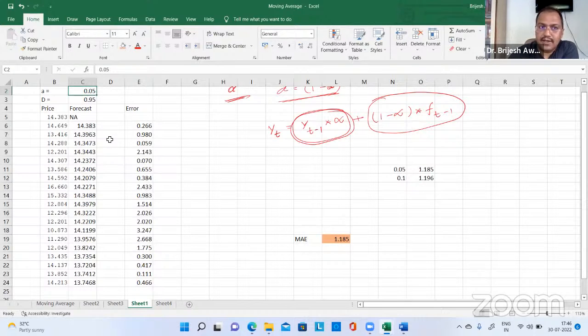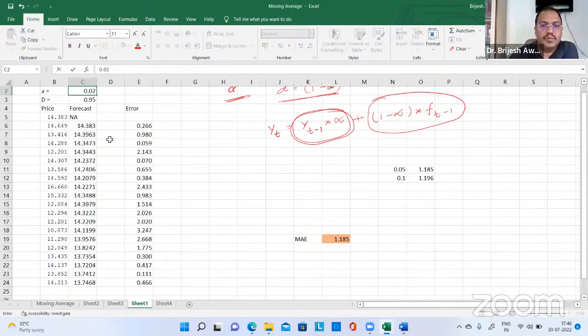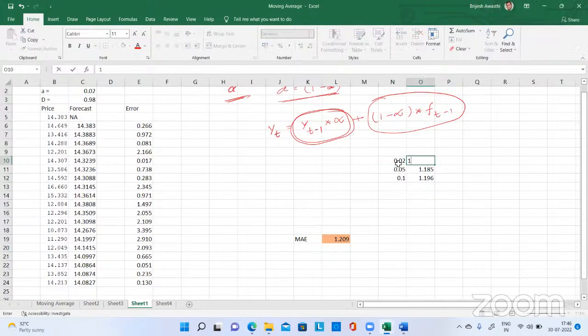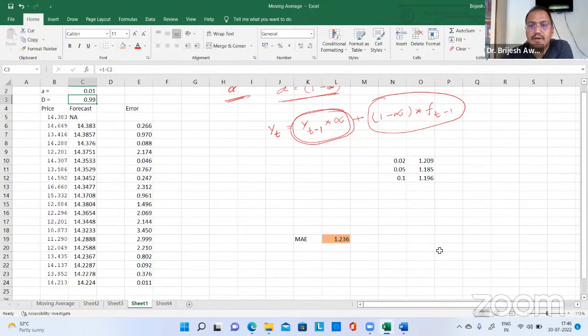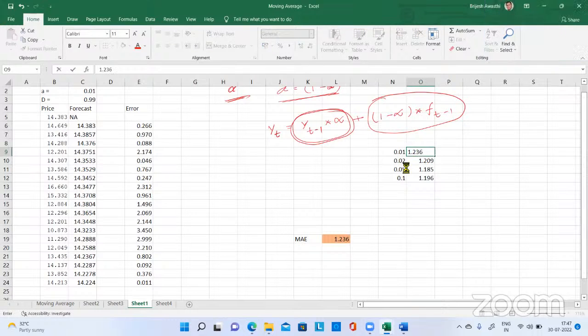If I take 0.02, what is the value? 1.209. If I take 0.01, right? The value is 1.236. Okay.